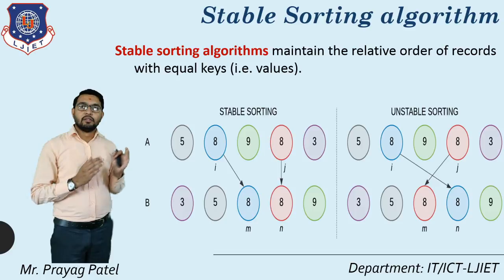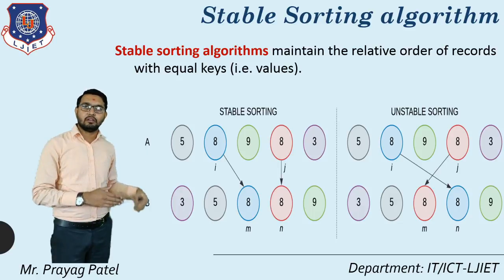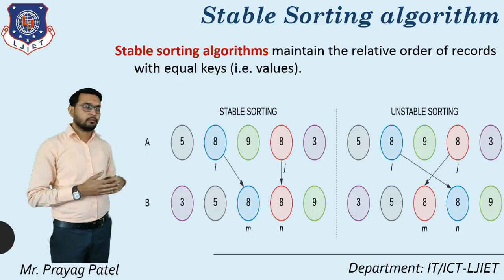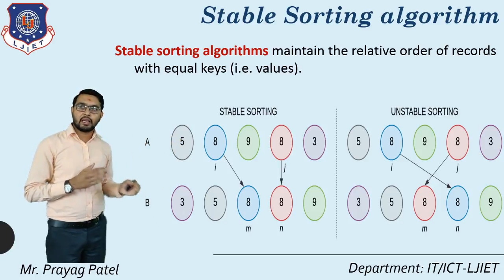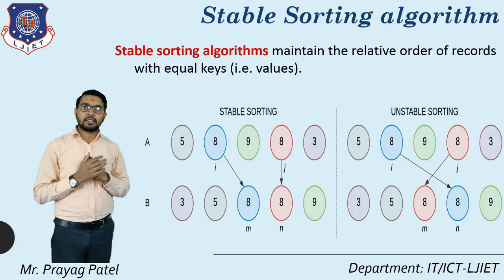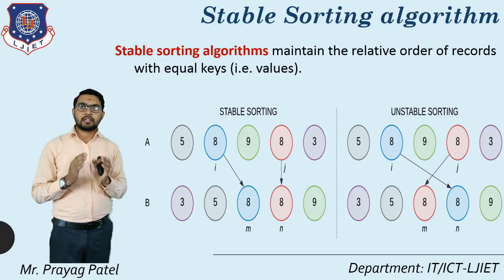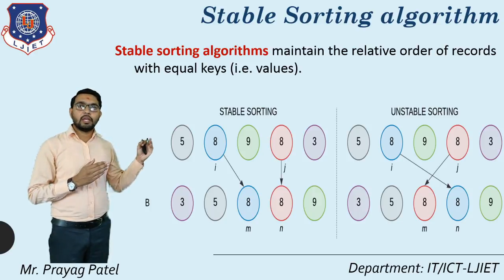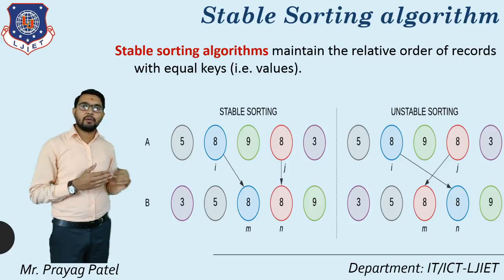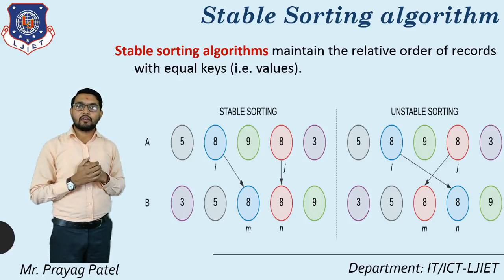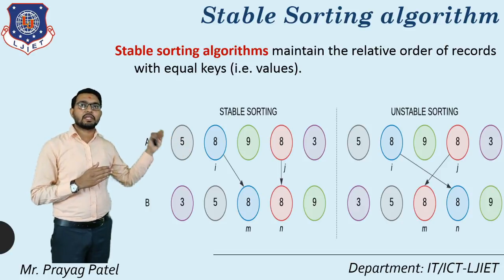In this case, which 8 will appear in the first location and which 8 at the next location in our sorted list? Consider the first array A as the given array and array B as the sorted array. In the given array the values are 5, 8, 9, 8, 3. In this list 8 occurs two times. If we arrange this list in ascending order, first comes 3, then 5. Now two 8s are available. First we put the first 8, then we put the second 8.